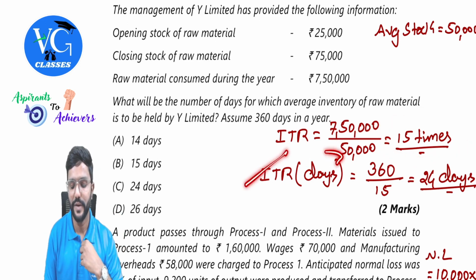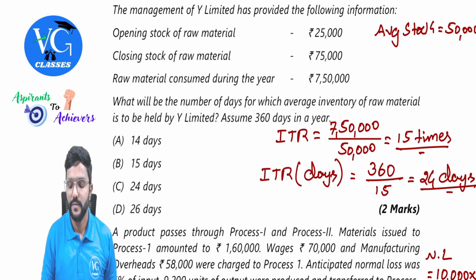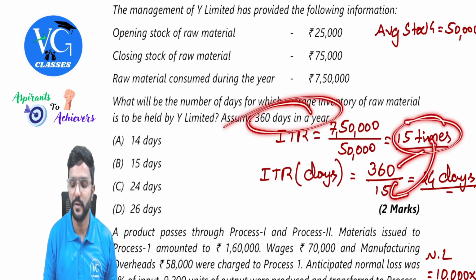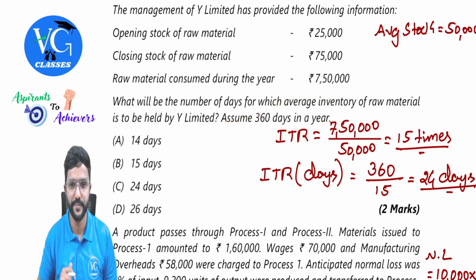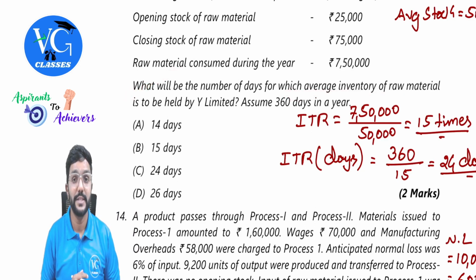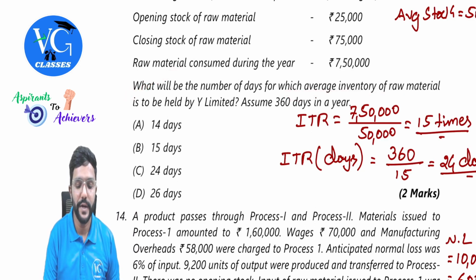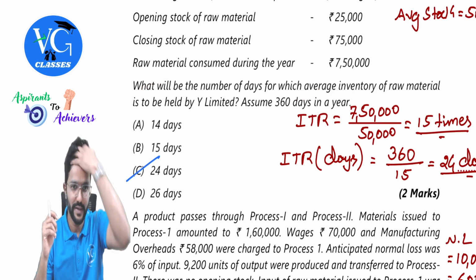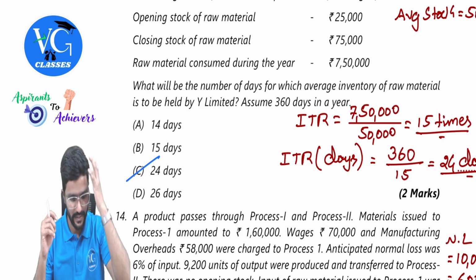Then inventory turnover ratio in days, which is 360 days in a year they have given, divided by 15. Whatever 15 we have got here, use it as a denominator. We'll get 24 days. So the number of days for which average inventory of raw material is to be held by Y Limited is 24 days, guys. So C is our answer.